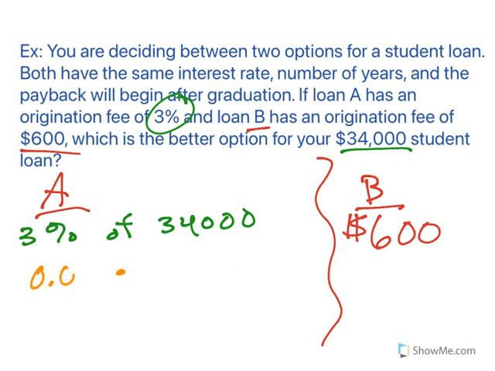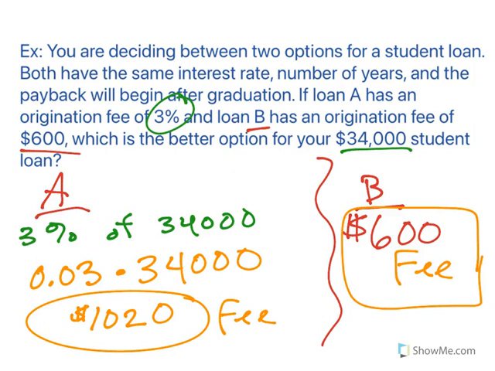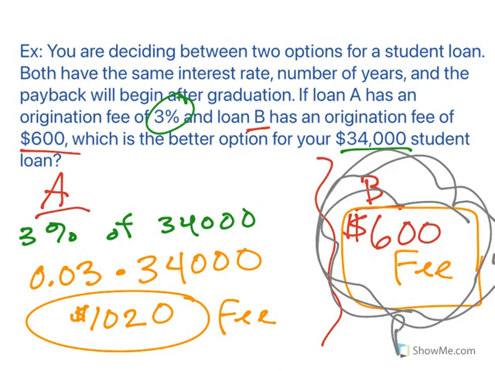So I change my 3% to a decimal and multiply by 34,000. When I do that, I get $1,020. So the fee for loan A is $1,020, while the fee for loan B is just $600. So hopefully you can see that by this way, loan B is definitely the better option.